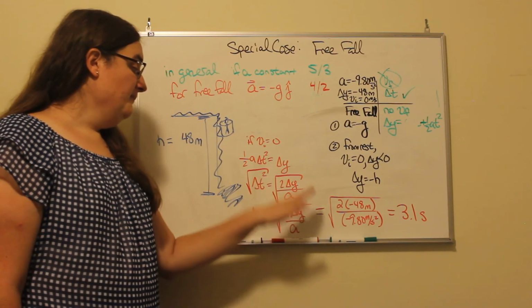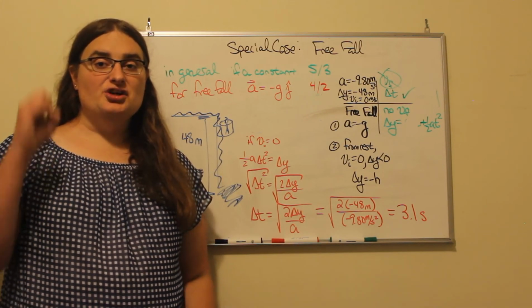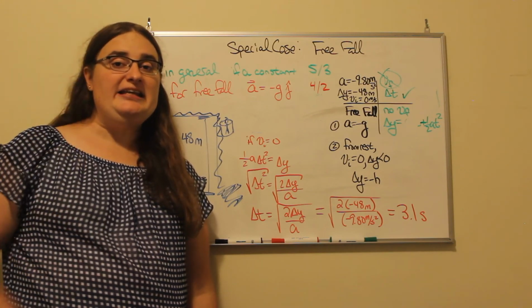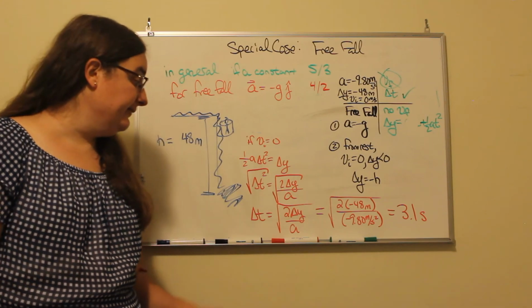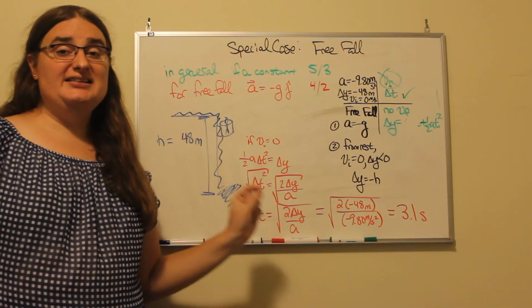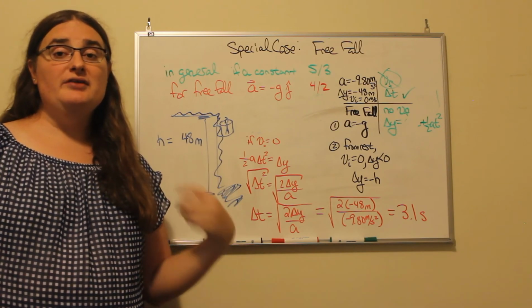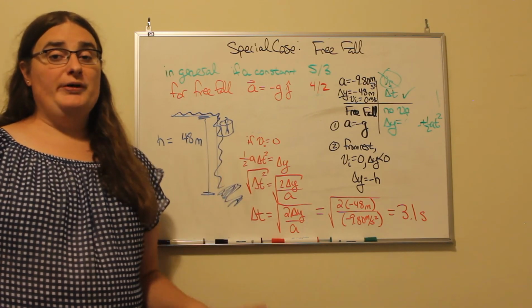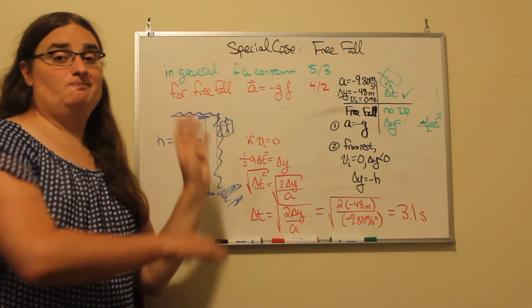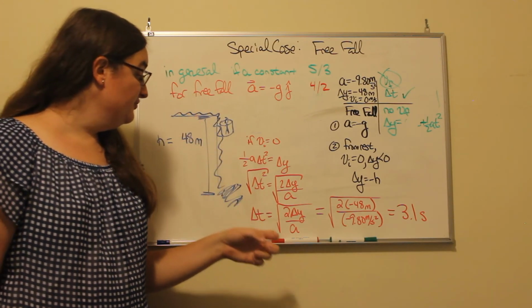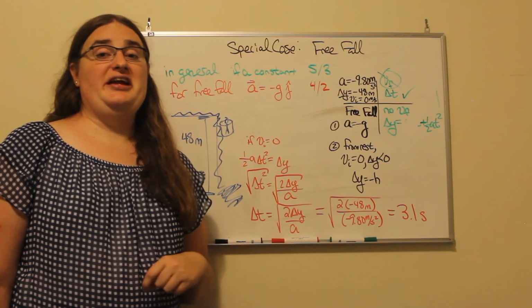Now, in math and science and engineering, there are a couple of things that should always set off a little spidey sense of danger when you're doing your math. One of those is minus signs and a square root, because the square root of a negative number isn't a real number. And this is a real scenario. This was done successfully, so we're not going to get imaginary answers.